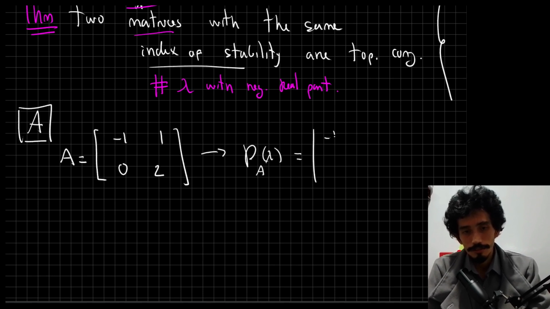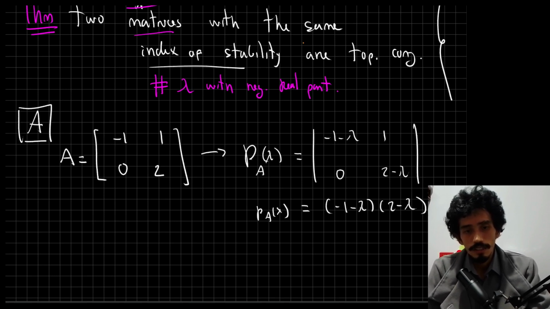This is the determinant of this thing, which is this product. And so the first eigenvalue is -1, and the second eigenvalue is 2.